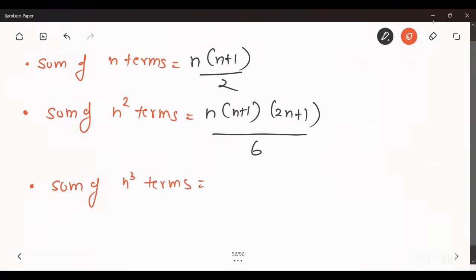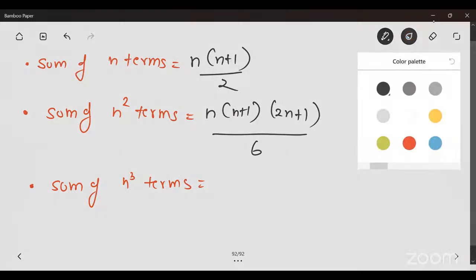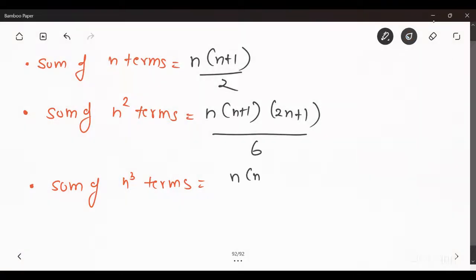So the sum of n cube terms is equal to n into n plus 1 by 2, whole square. Okay. So firstly remember these formulas. Now come to the main part. I am directly solving its question. So maybe I will have to take one more class of that chapter.